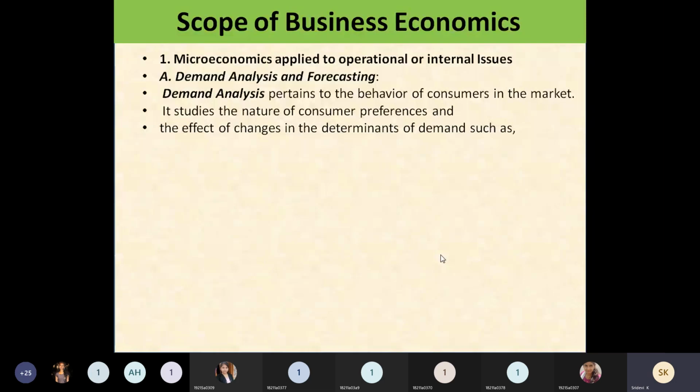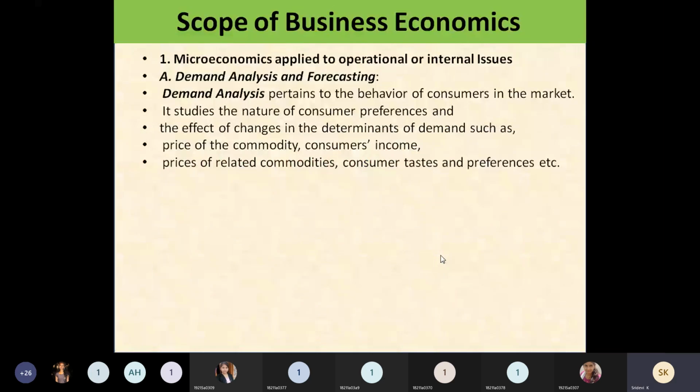The sales of any product will be changing by changing the price of the product, and if the consumer's income is going to be changing, there will also be a change in the sales of any product. So how this is affecting the sales of our product, that we need to analyze, to what extent our product's sales will be affected.